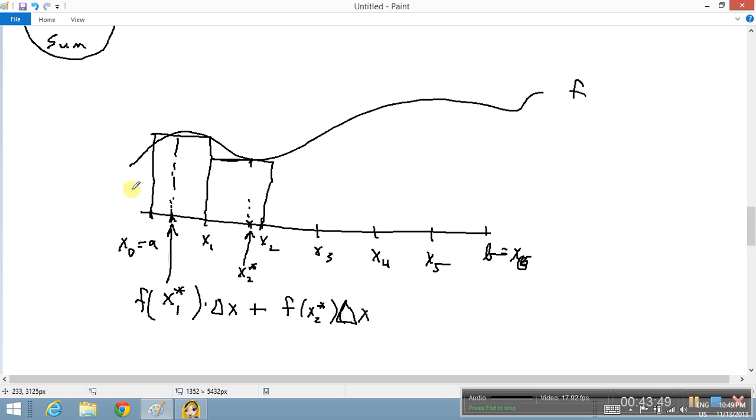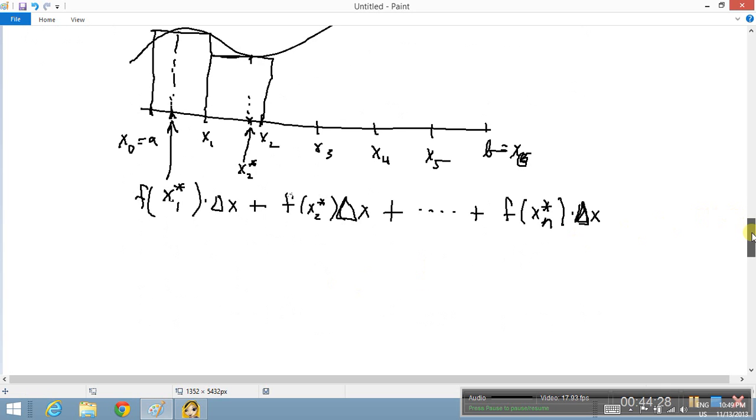Each time, pick the left one. Not randomly now, but pick the left one every time, and when you multiply that left endpoint height by delta x and add them all up, you get the left endpoint approximation, or the left sum. Or you could use the midpoint every time. See, this notation is very, very general. It allows us to write, for the nth subinterval, we pick a random or an arbitrary y value and multiply it by delta x, and this is going to give us an approximation for the area under the graph.